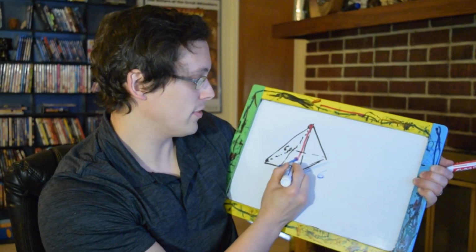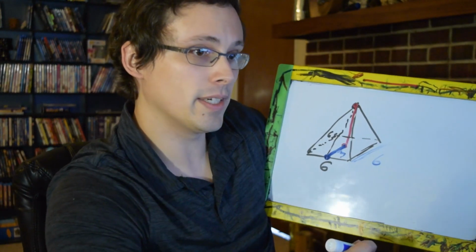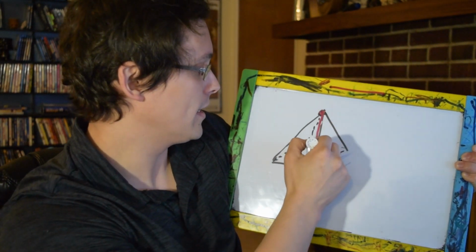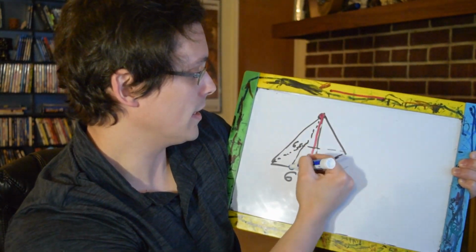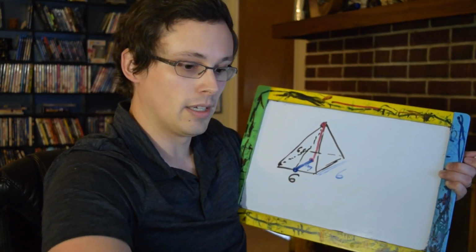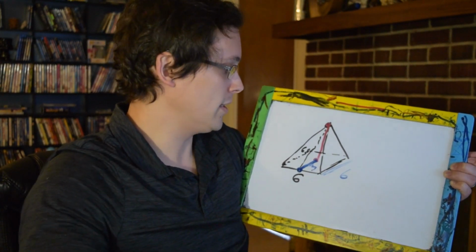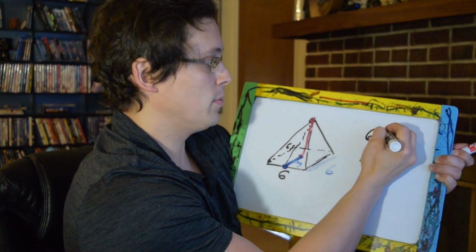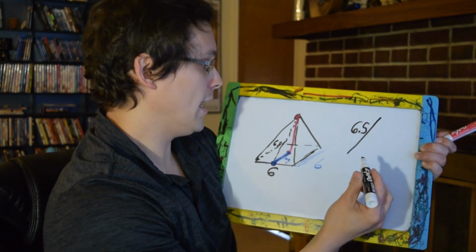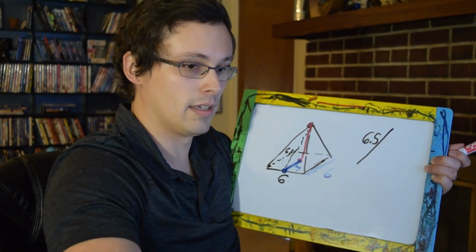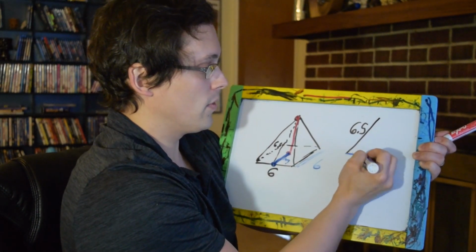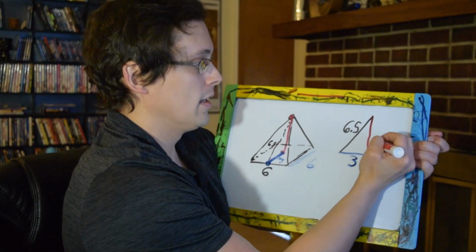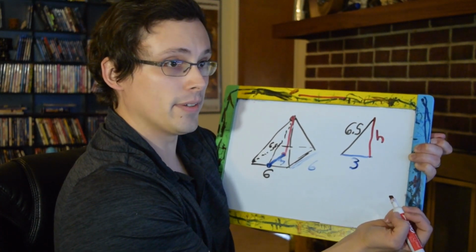So we have this length of 3, and what we want to know is that height. And we know this length is 6.5. So we actually have a right triangle that has a hypotenuse of 6.5, a base length of 3, and a height, which is the question we want to figure out.